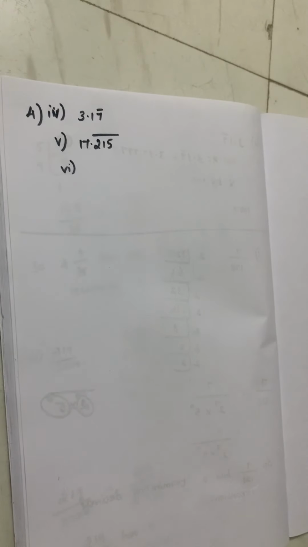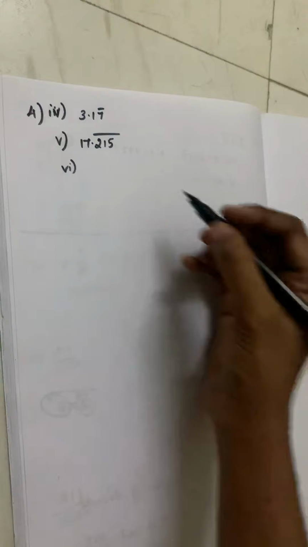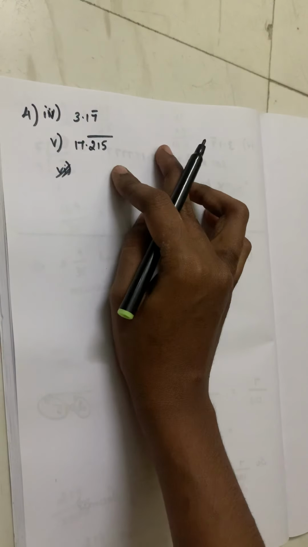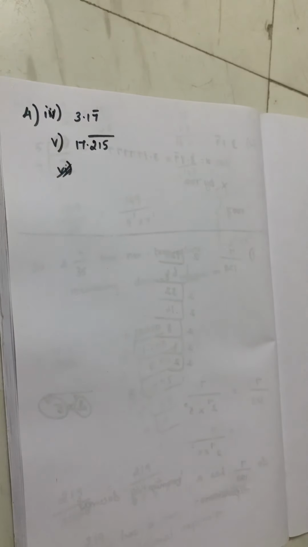Next is the sixth sum. Sorry, you have only 2 subdivisions. So you have to finish this and send it to me. If you have any doubts, you can ask me.